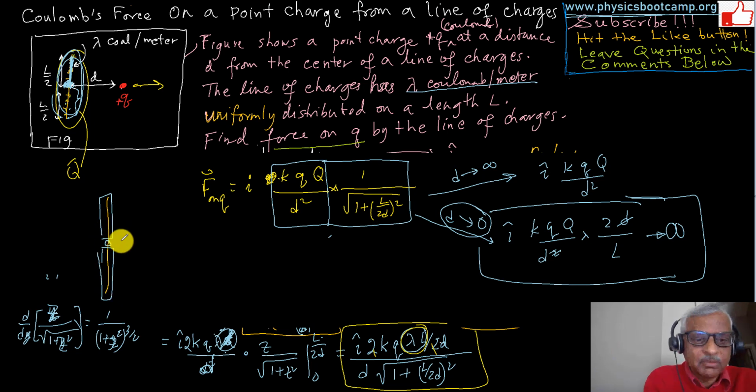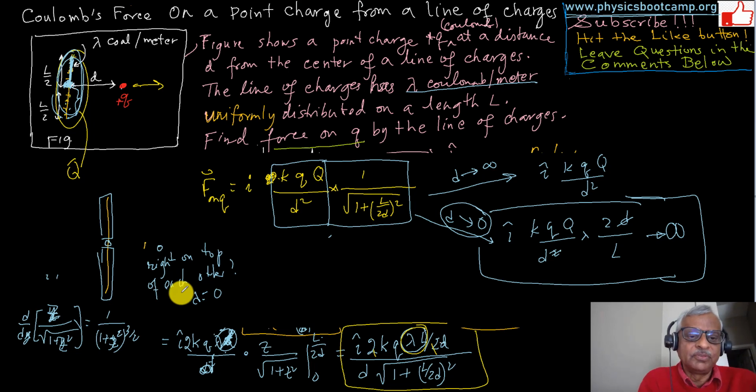But what about that little charge right on this charge and this charge right on top of each other? Their distance is 0. So even this one is a dy, which is lambda dy, but that one is actually not 0, right? Dy can be as small as you like, but not 0.